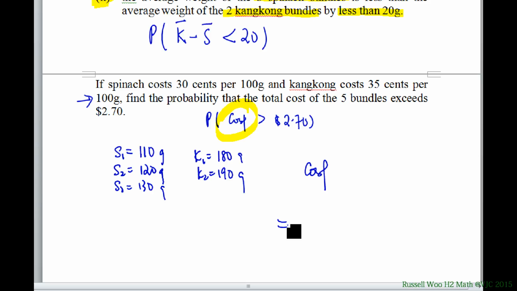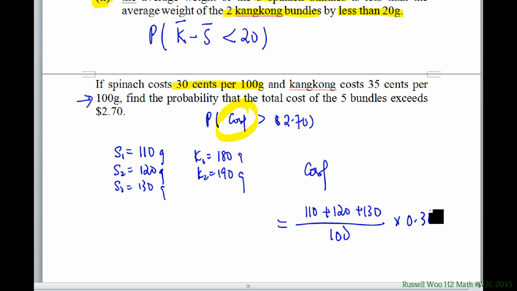You know or don't know? Actually, you know. It is just 110 plus 120 plus 130. This is the total weight, correct? Divide by 100 because it costs 30 cents per 100 grams. So I divide by 100 grams first, then I times 0.3.